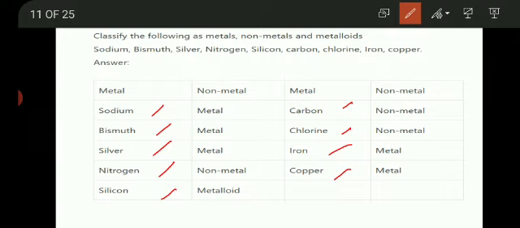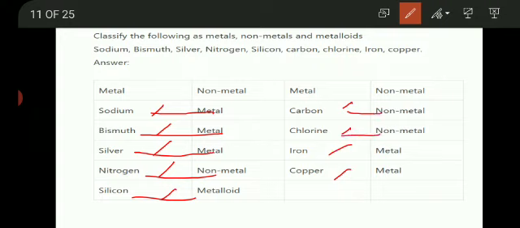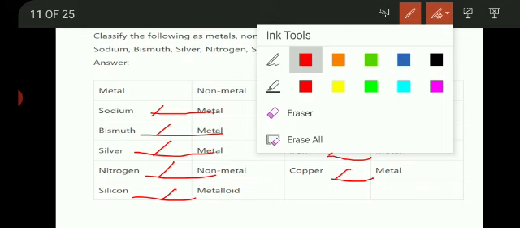Sodium is metal, bismuth also metal, silver also metal. Nitrogen, non-metal. Silicon, metalloid. Silicon acts as both characters. And carbon, non-metal, chlorine, non-metal, iron, metal, copper, metal.